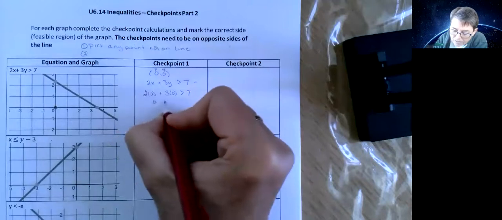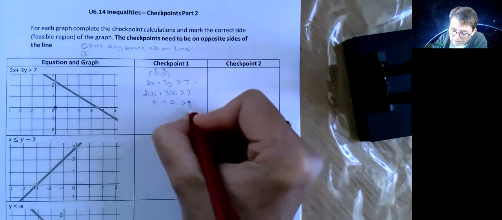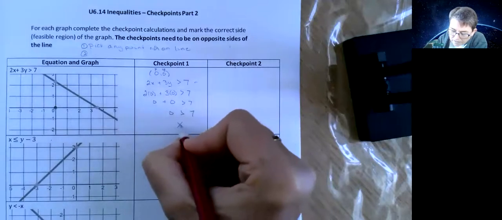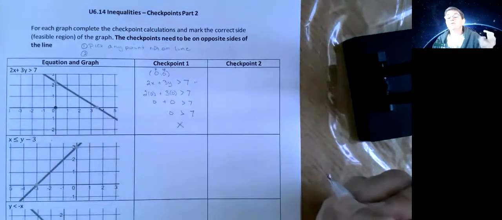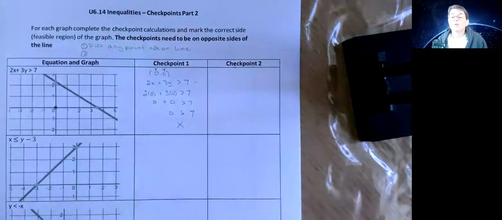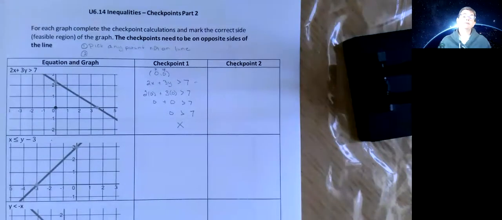So I got 0 plus 0 greater than 7. 0 is greater than 7. No. And that's okay. Don't freak out. Because when you do checkpoints, one is going to be correct, the other one is going to be incorrect. So apparently I picked the incorrect one first.